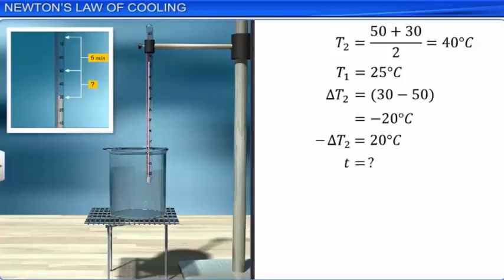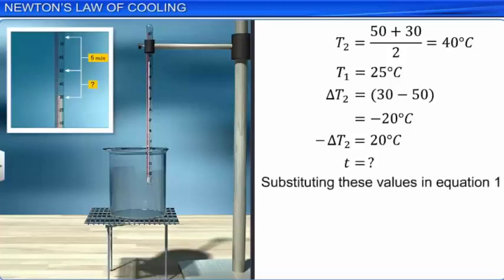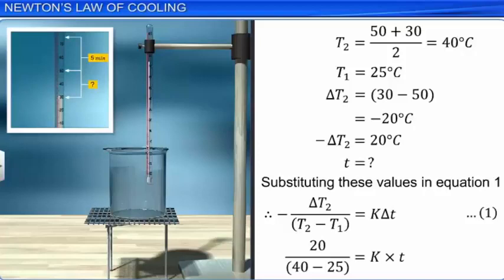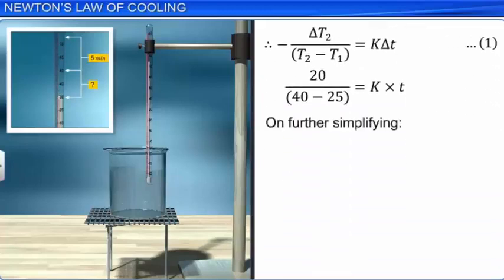20 by 40 minus 25 is equal to K into T. On further simplifying, we get T is equal to 4 by 3K. We know that K is equal to 5 by 37.5.